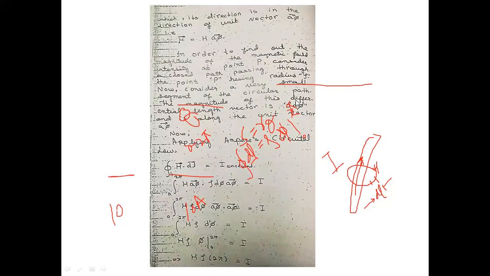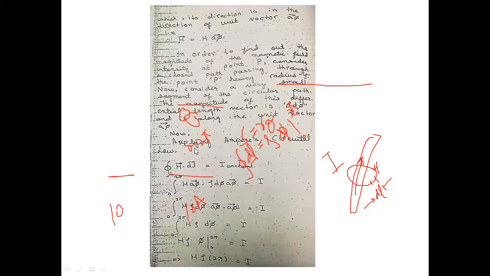The magnitude of this differential length vector is rho d phi. As I have explained, s is equal to r theta, so r is rho, and for the differential length theta will be d phi. So dl will be equal to rho d phi and is along the unit direction a phi.